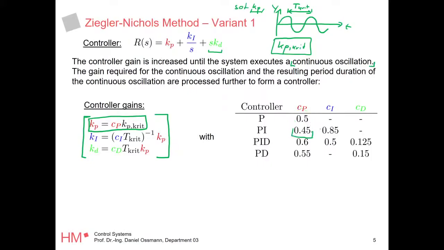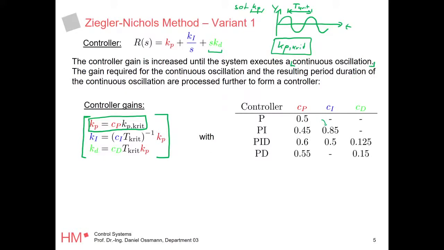Plus, you now add 0.85 times the critical time period inverse times Kp, right? So what you could interpret here is, okay, because I'm adding integral action, I have to go a little bit smoother with my proportional gain. This is why I need to turn that down from 50 to 45.